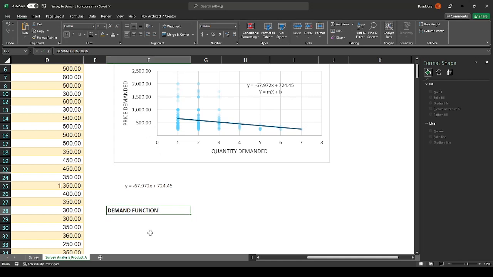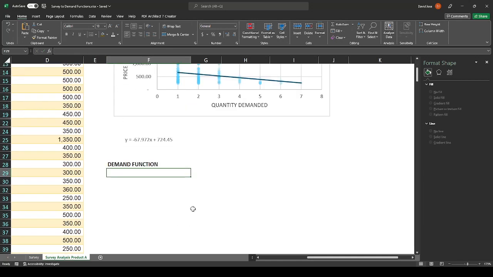we can have two versions. One is the price demanded function, where it is y equals mx plus b. Y is equal to negative 67.972x plus 724.4.